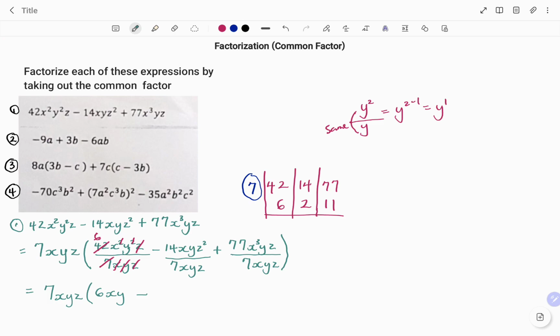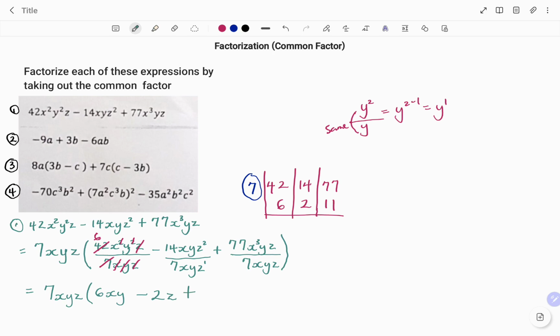Minus, then we go to the second term, 14 divided by 7, that's 2. X divided by x, that's 1, so that's out of it. Y divided by y, that's also 1, so that's out. Then we have z squared divided by z. 2 minus 1, we have an invisible power of 1 here, that will be 1. So we are left with z. So write z here.